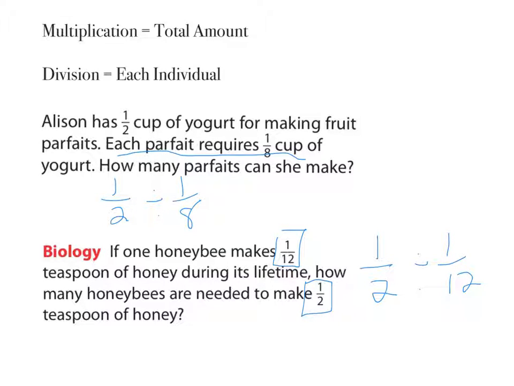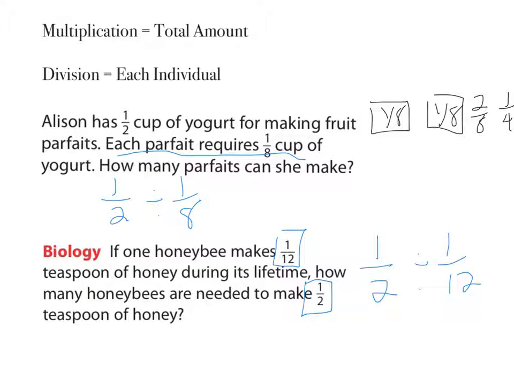I would also like to add, this last problem would be a great problem to model. Actually, both of them would be great to model. Because if you know you have half a cup, if you can think about what half represents in 8ths and what it represents in 12ths, you could actually model. For example, this first one, you could say, okay, so I have 1/8. Then another 1/8, so that would be 2/8, which is also 1/4.